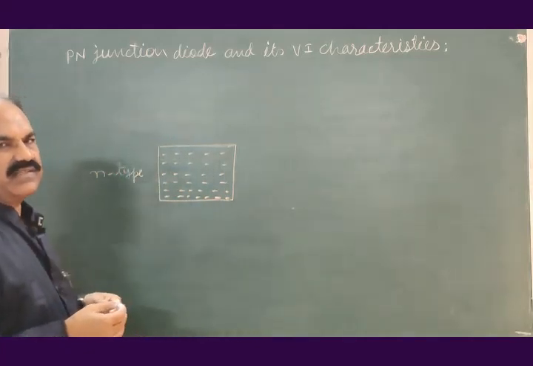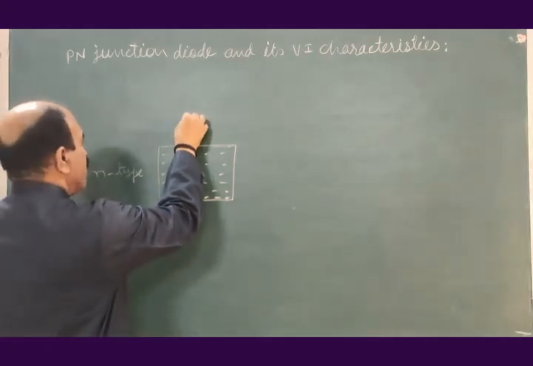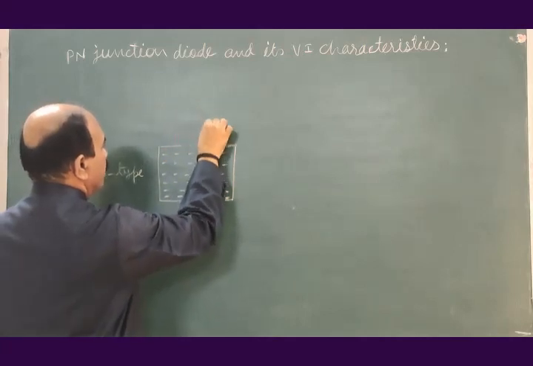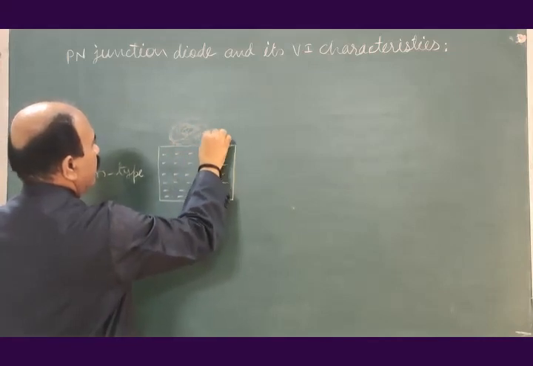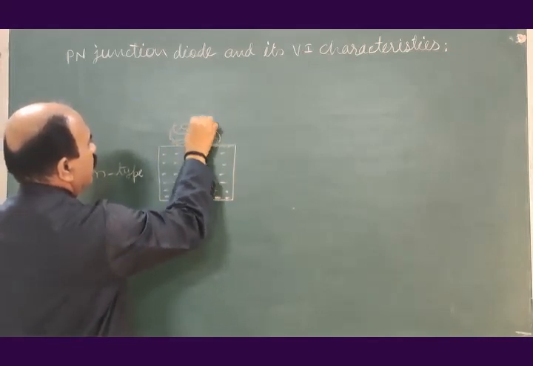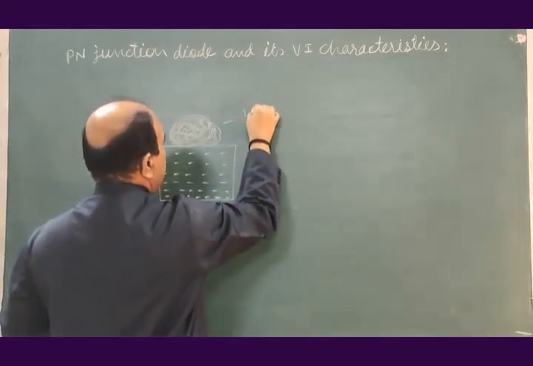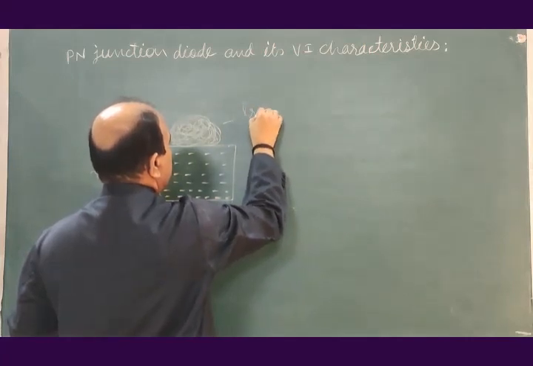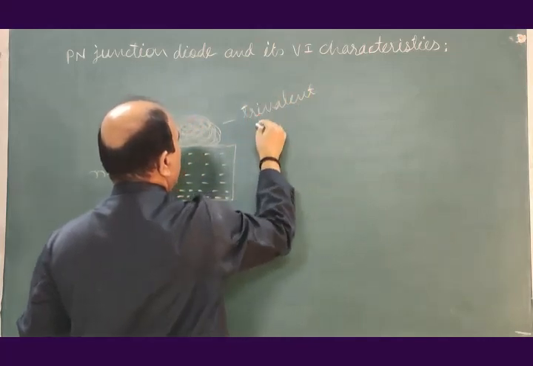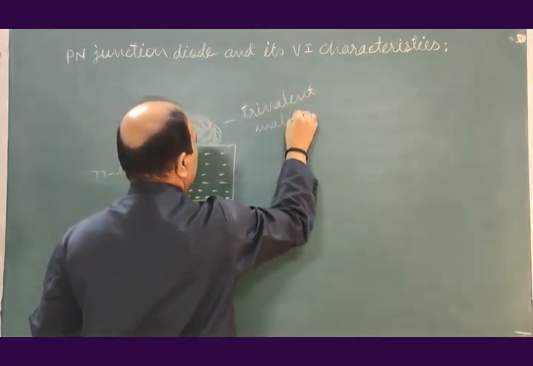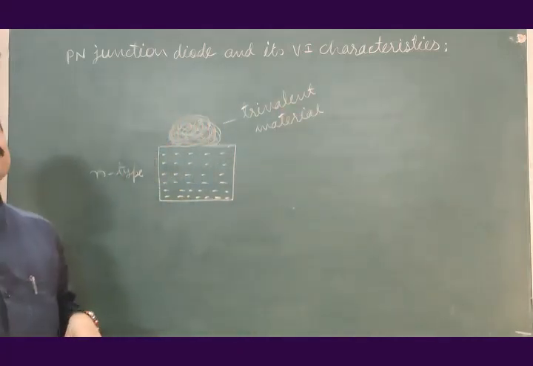Let us suppose that any of the trivalent impurity material is mounted somewhere here. This will be the trivalent material.